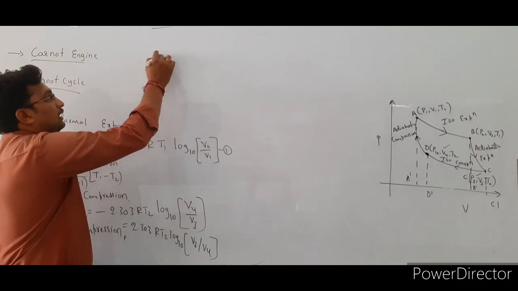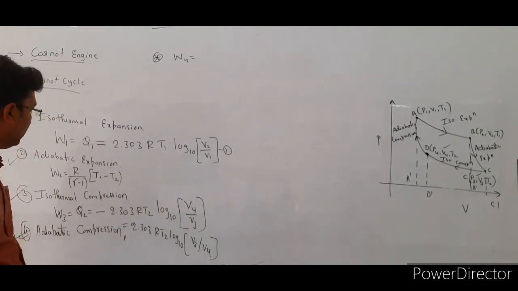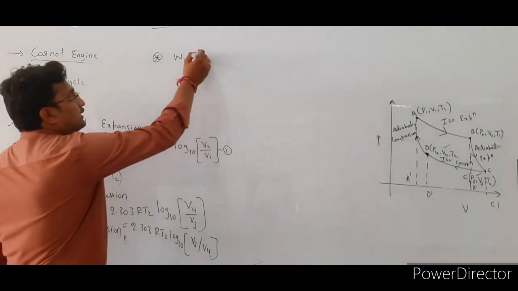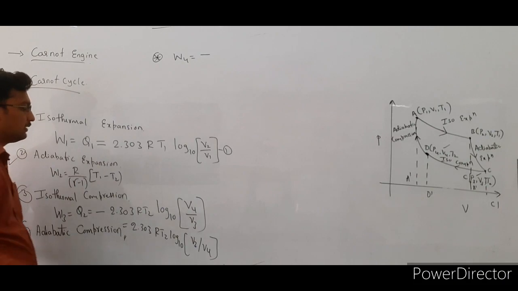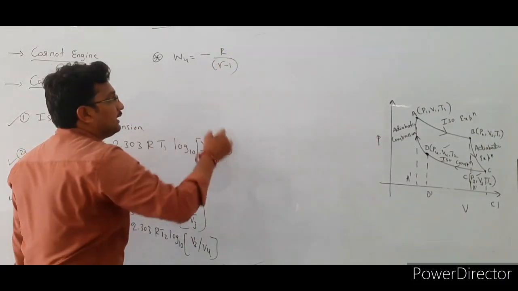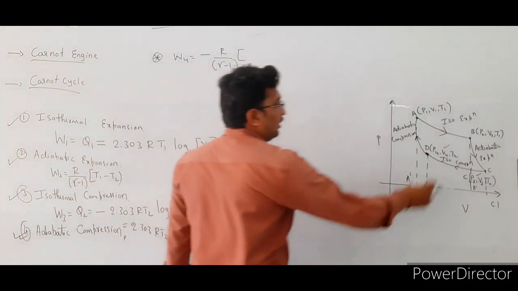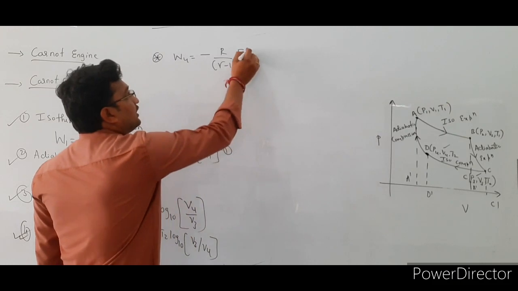And the last one, in adiabatic compression, the total work done, that is W4 is equal to, this is also compression. So, this is negative. Next, this is equal to R divided by gamma minus 1, and the temperatures are T2 minus T1.